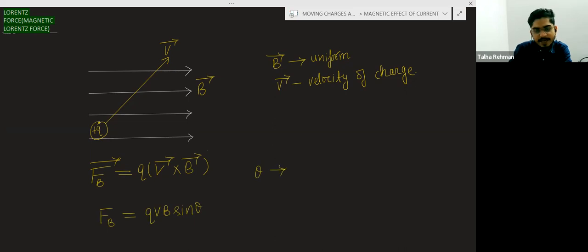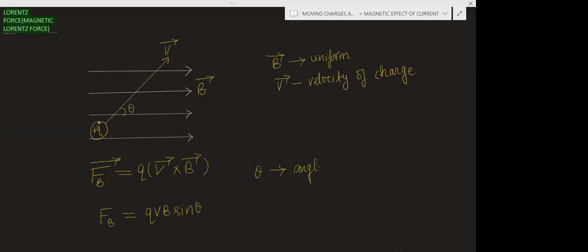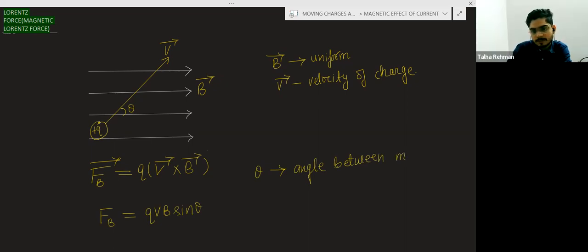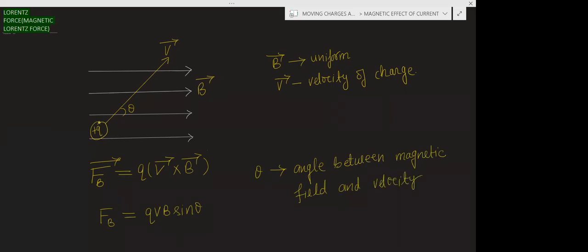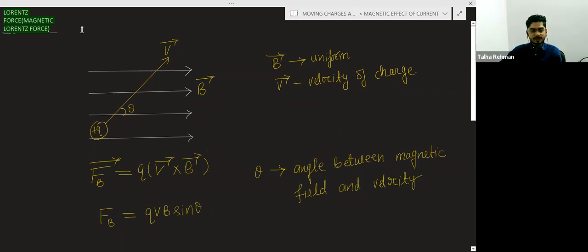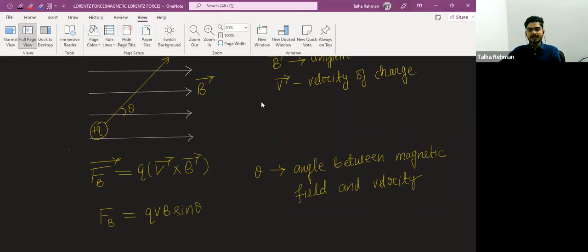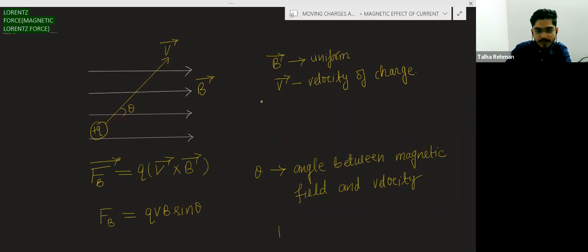Theta is the angle between the magnetic field and the velocity. So this will be the magnetic force on the charged particle. Like the electric force on the charged particle is given by Q into electric field, here the magnetic force is given by QvB sine theta.